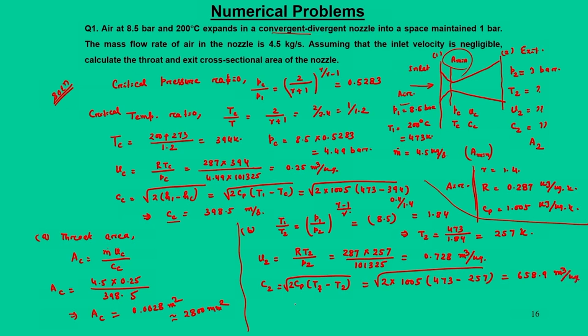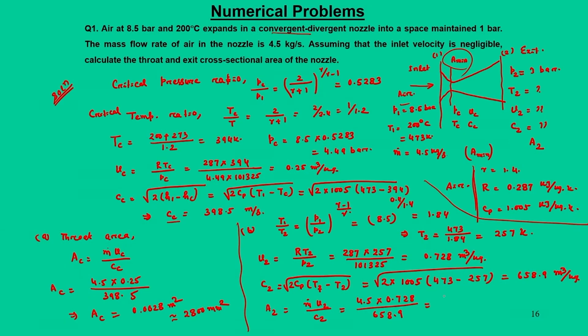Once you know C2, we can find A2 equal to m dot V2 by C2. So, 4.5 into 0.728 divided by 658.9.